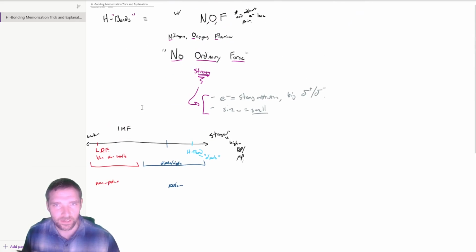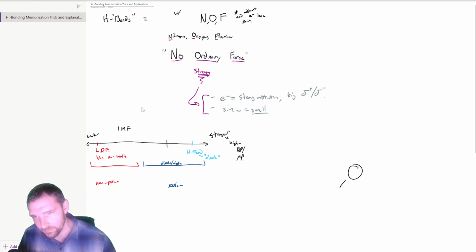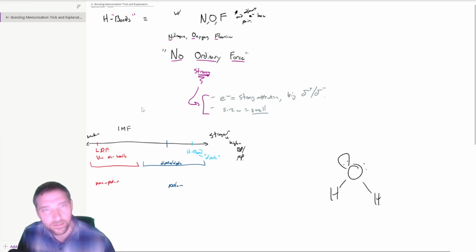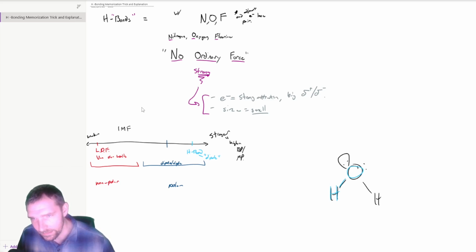So to really drive this home, let's just look at examples of hydrogen bonding. If you've got water, this is the classical example of hydrogen bonding. You have a hydrogen, and it is next to a very electronegative atom that has a lone pair on it.